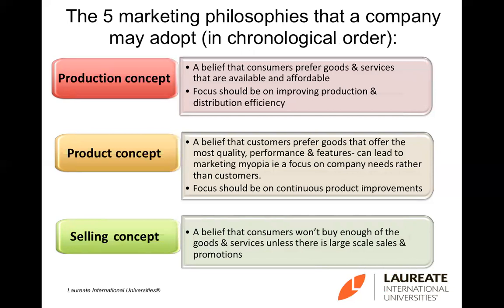So the companies that adopt the production concept believe that everybody's need is the same. Therefore, they only need to create one thing for everybody. Since they can create one thing for everybody, they expect their offering to be affordable, and they can achieve quite high availability. Okay, so that's the production concept.